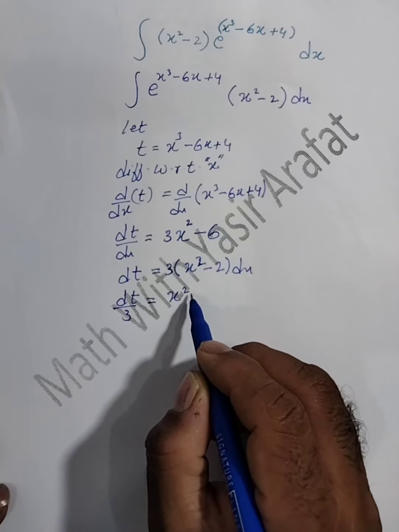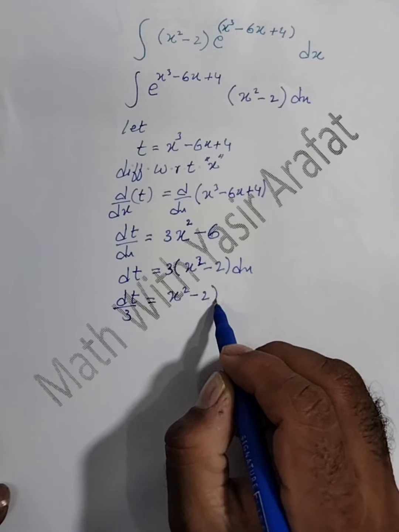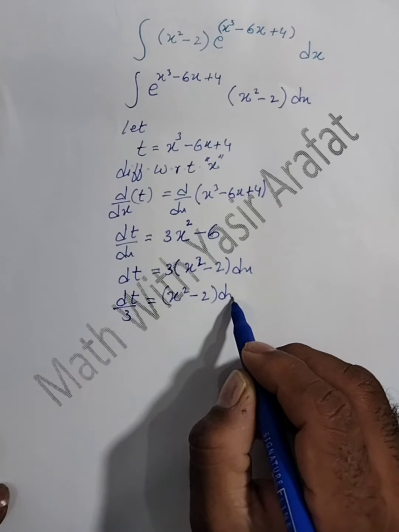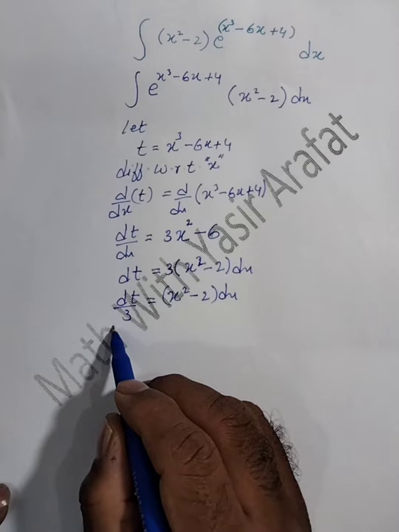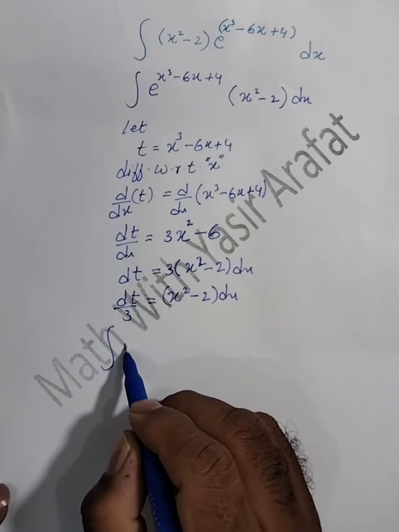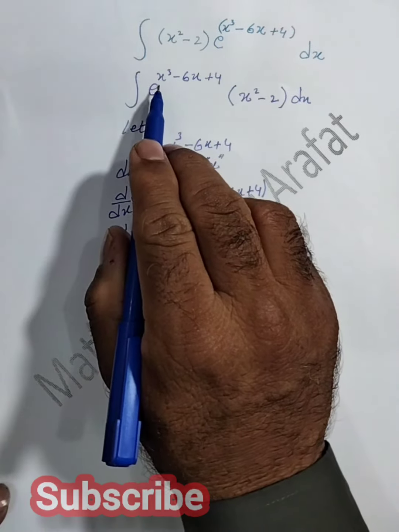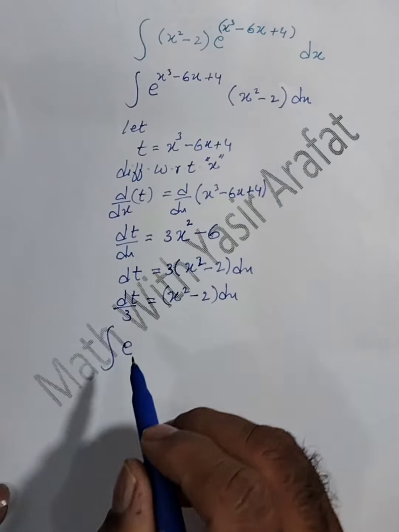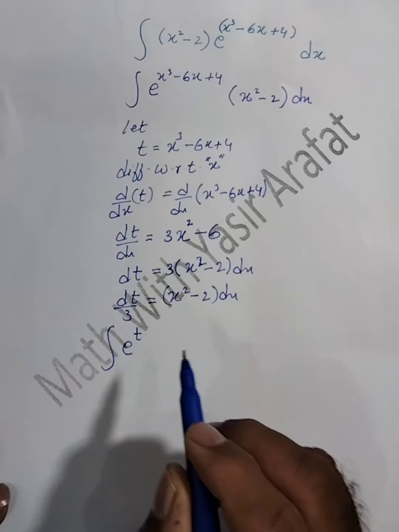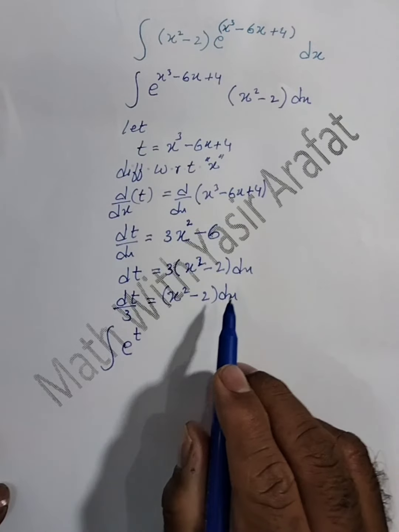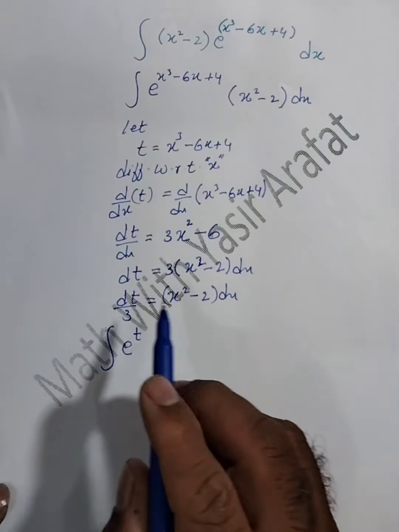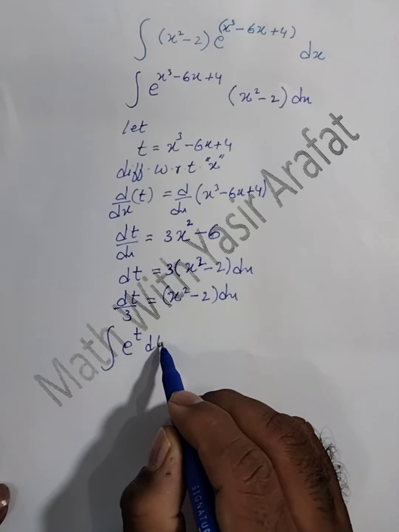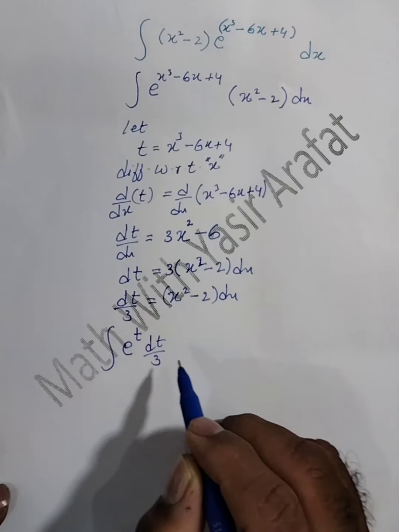So (x² − 2) dx equals dt over 3. Now the question becomes: e^t, where x³ − 6x + 4 equals t, and (x² − 2) dx equals dt over 3.